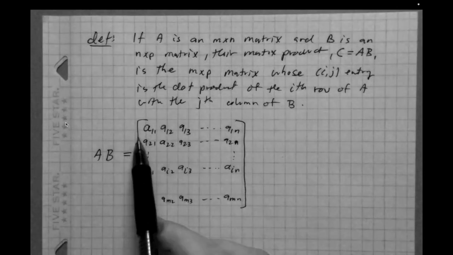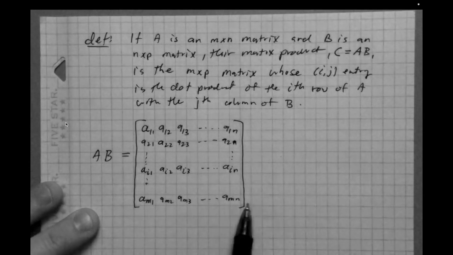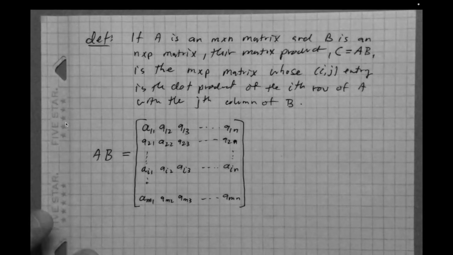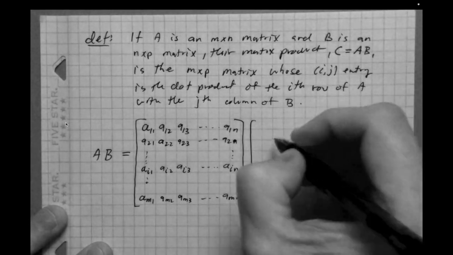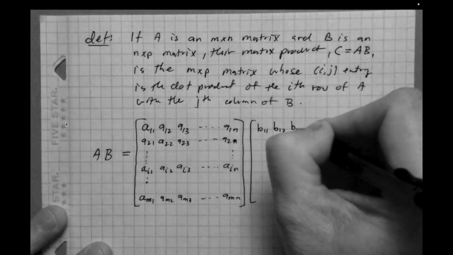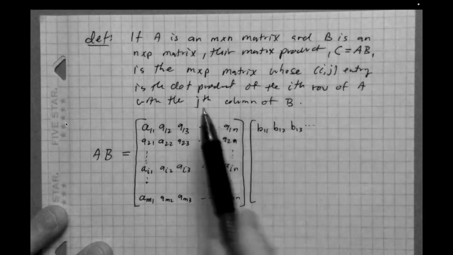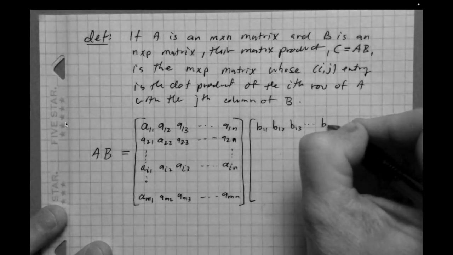It's going to have row 1, row 2, row i, and row m, and it's going to have n columns. Now what about B? Well, B is n by p, so let's put B in here. We'll have B11, B12, B13, dot dot dot. Now, for B, it's the jth column that's interesting. So let's put in B1j.